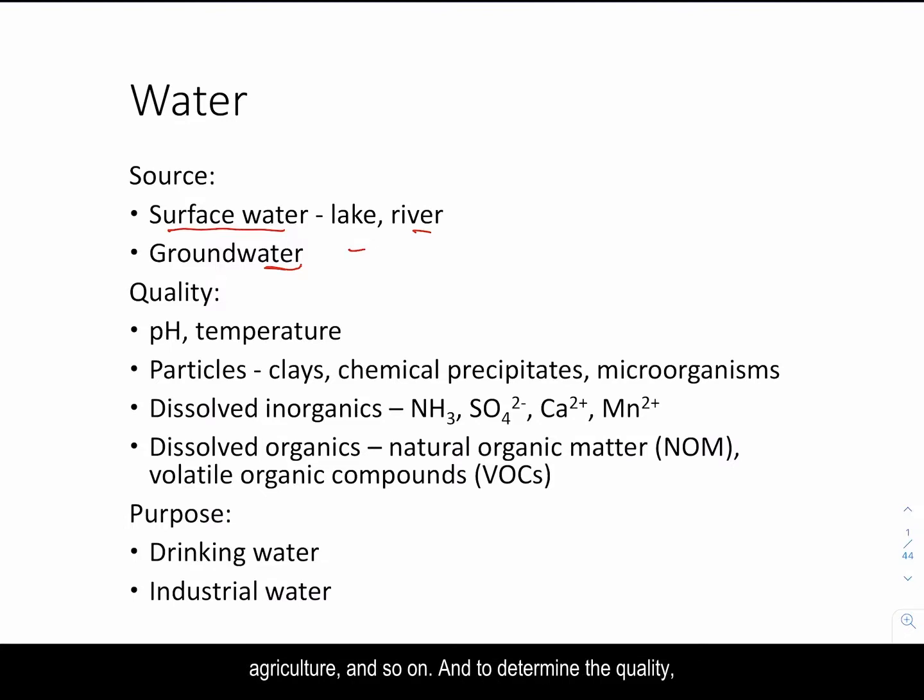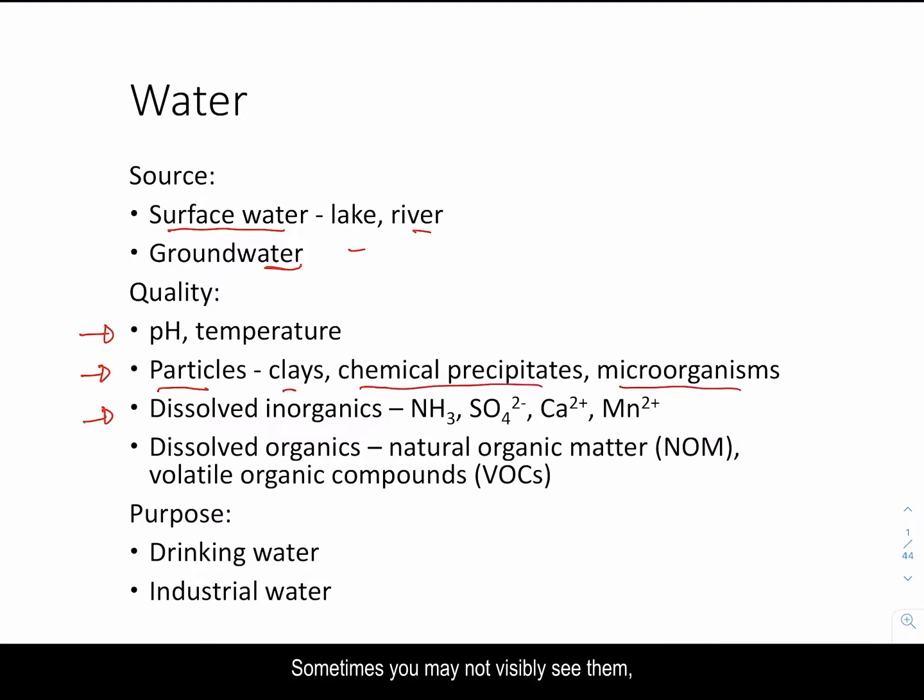And to determine that quality, oftentimes we can determine it using either physical, chemical, or biological characteristics, right? And those things will involve things like pH, temperature, and what kind of particles are in there, clays, some of the chemical precipitates, or microorganisms.